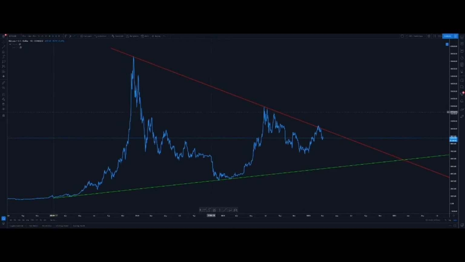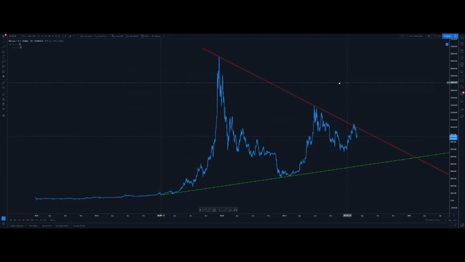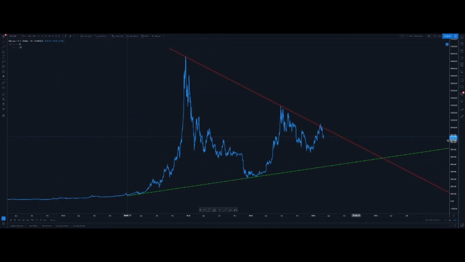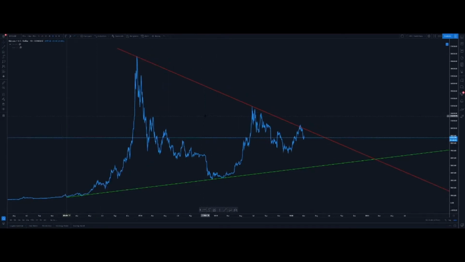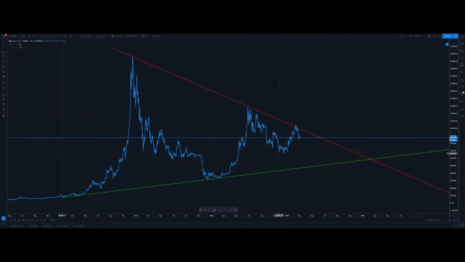Now we have an obvious or apparent pattern formation. This pattern formation is called a symmetrical triangle. But we need to determine whether this thing is going to break out to the upside or to the downside, or just reverse bullish.